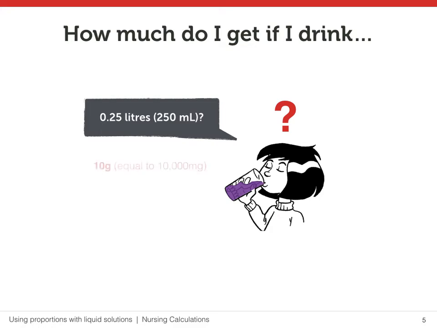Then you'll get a quarter of the total GoFuel, which is 10 grams. And if you had 200 mils, which is a fifth of a bottle, you will get 1/5 of the 40 grams, which is 8 grams. 0.75 litres represents 3/4 of the litre bottle, and 75% or 3/4 of the GoFuel is 30 grams.